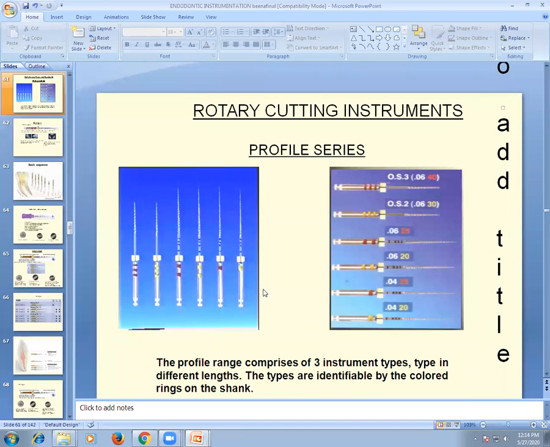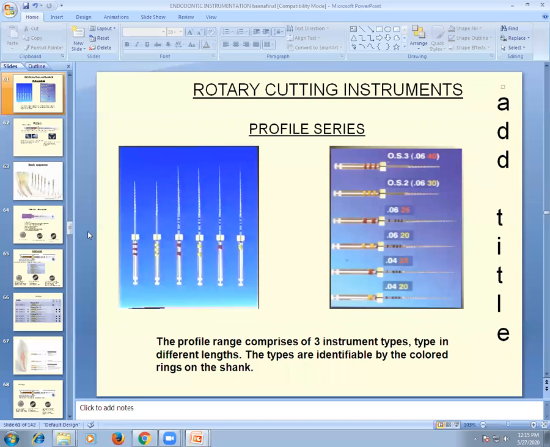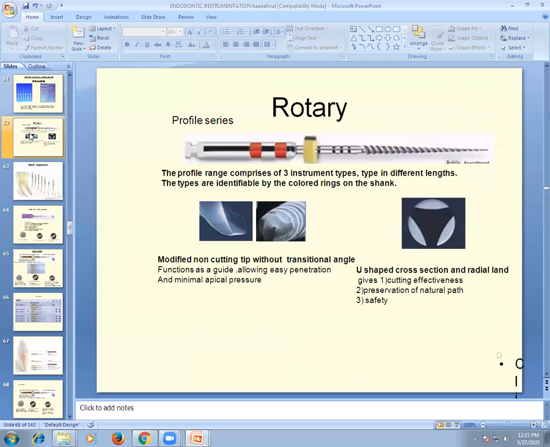So these are the rotary files. You can see the design of the files. They have the latch at the end, which is to be inserted into the endodontic motor. Okay, these are the various files with various tapers. This is the ProFile. You can see this is the neck.